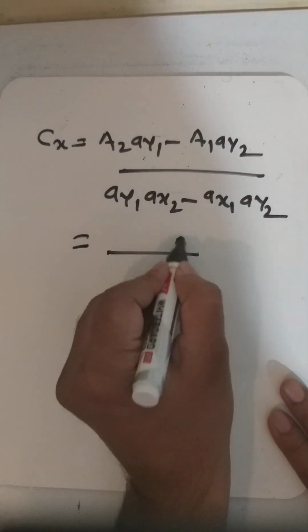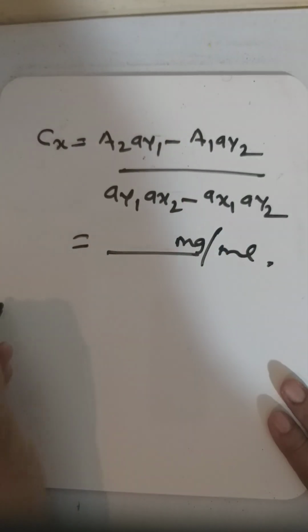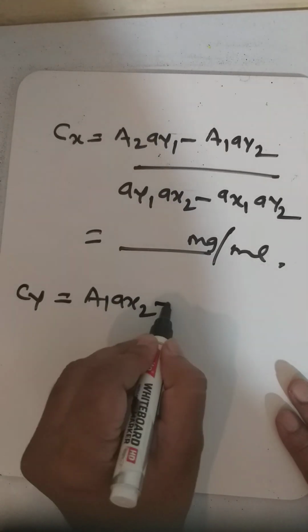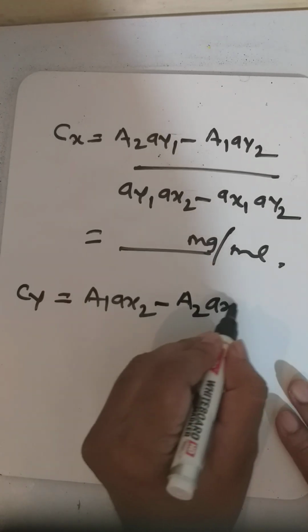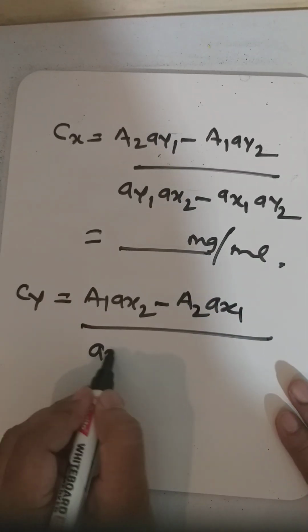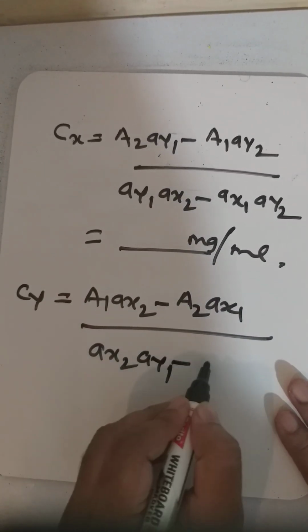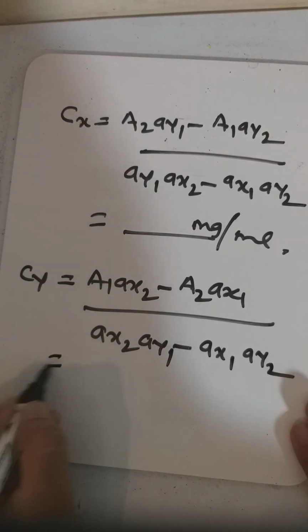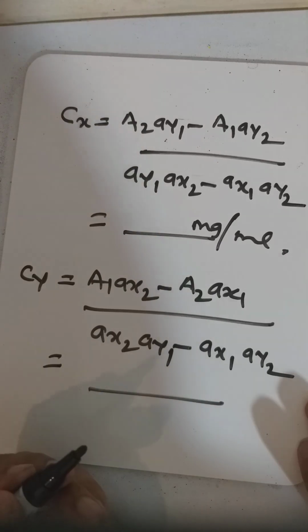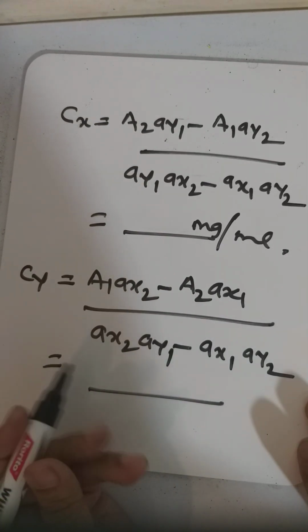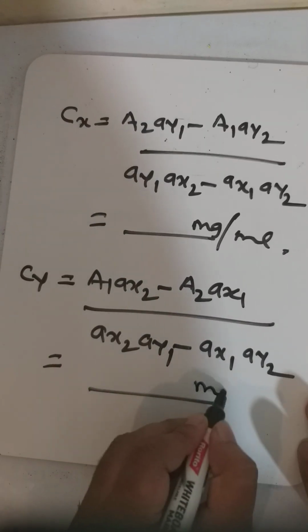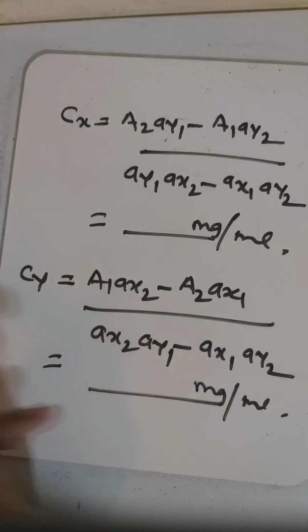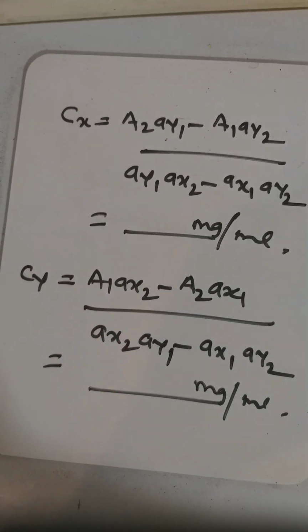Cy = (A1 AX2 − A2 AX1) / (AX2 AY1 − AX1 AY2). The concentration would be in microgram per ml, and you have to convert it from microgram per ml to mg per ml.